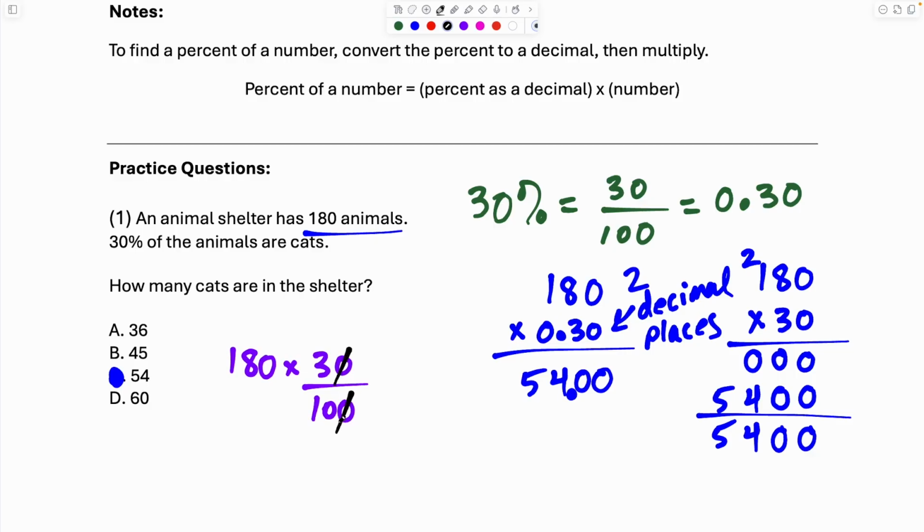I could cross off this common zero here, and then notice I have a common zero here that I could chop like this. Now all I am left with is 18 times 3. 18 times 3, notice this gives us 3 times 8 is 24, so we have a 4, carry the 2. And then 3 times 1 is 3, plus 2 is 5. And we also get 54. So this is another way to get to our answer.